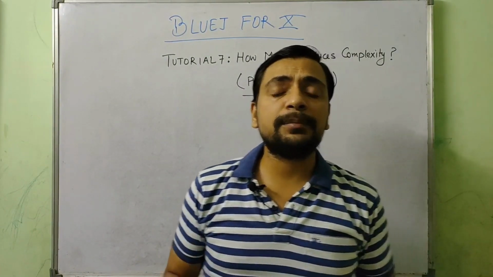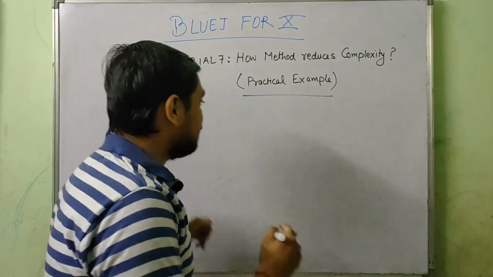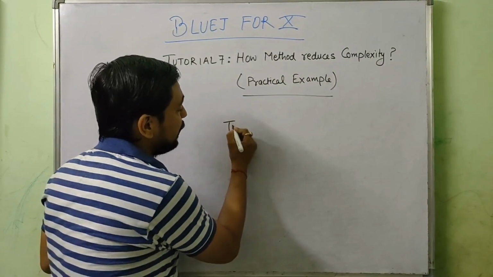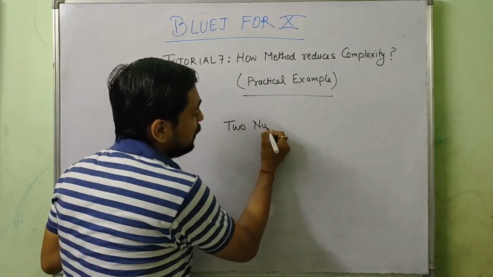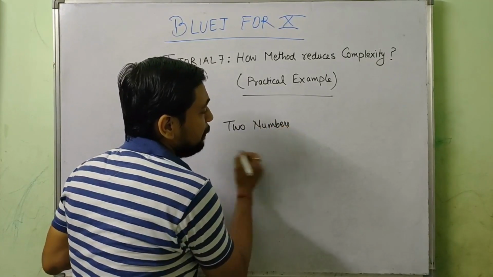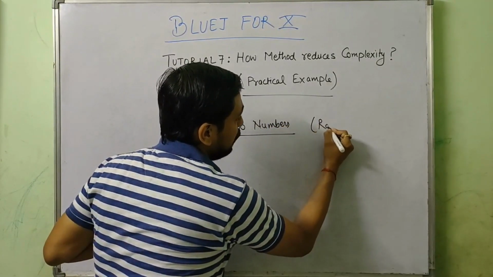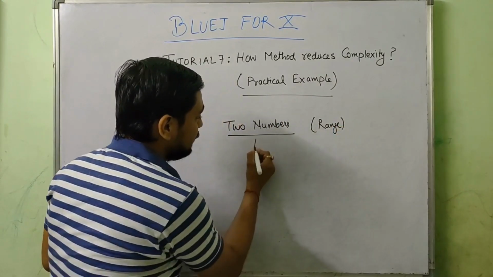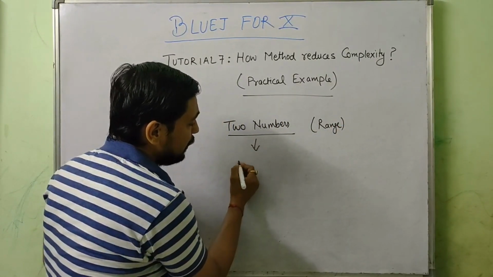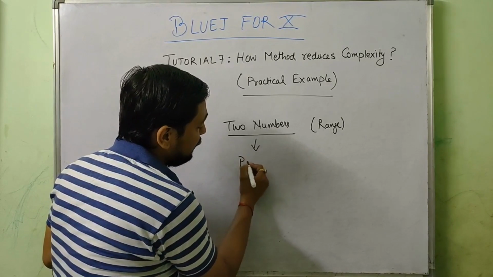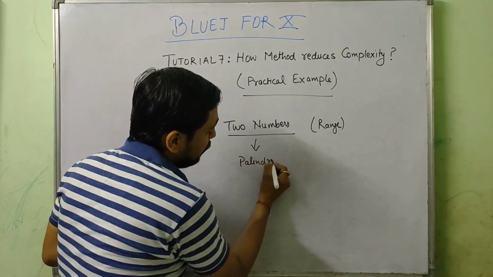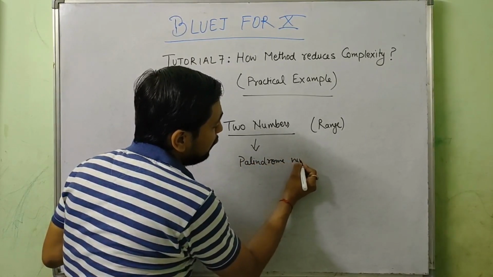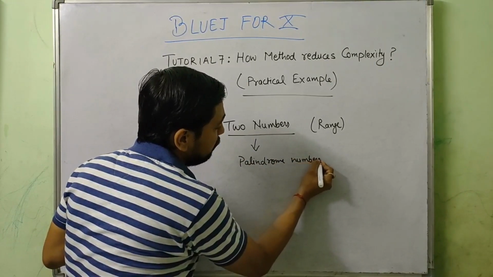The first program is to accept two numbers from the user. These numbers will be treated as a range. The second thing is you have to print all the palindrome numbers between them.